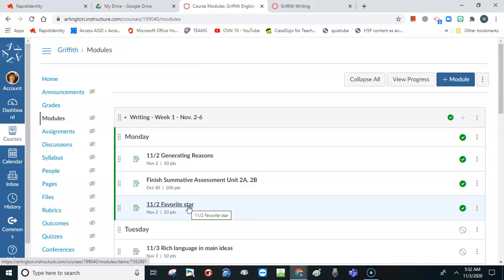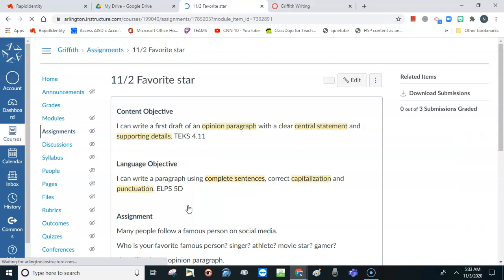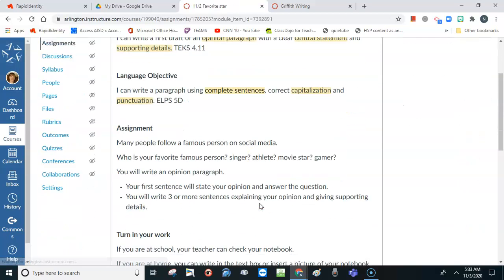Then you're going to list them in main idea blurbs. And then you're going to create 4 sentences. The first sentence is just telling me who your favorite person is. And then 3 more sentences giving me reasons why. And so you would write that in the assignment by clicking submit assignment.